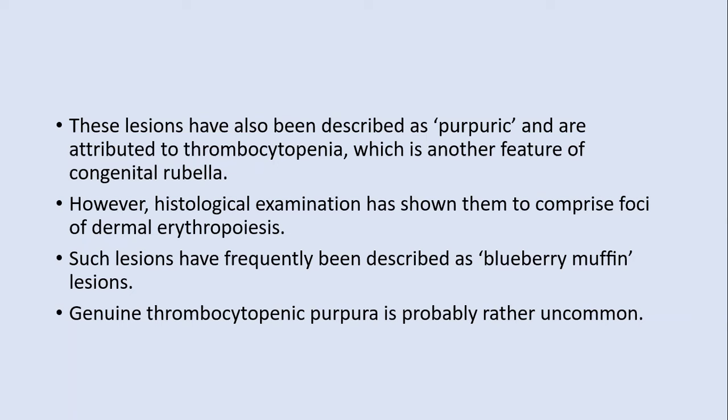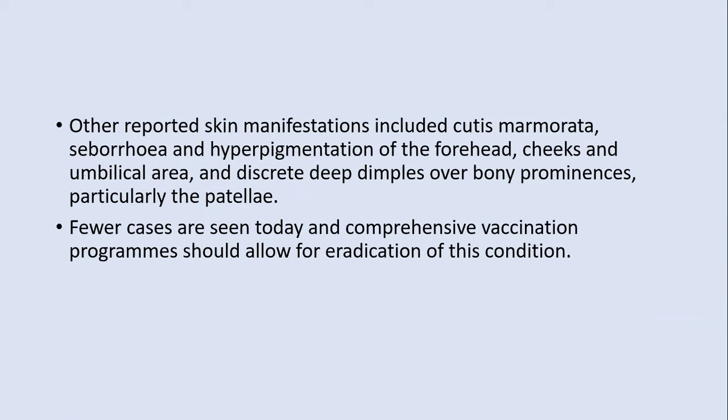Genuine thrombocytopenic purpura is probably uncommon. Other reported skin manifestations include cutis marmorata, seborrhea, hyperpigmentation of the forehead, cheeks, and umbilical area, and discrete deep dimples over bony prominences, particularly the patella.